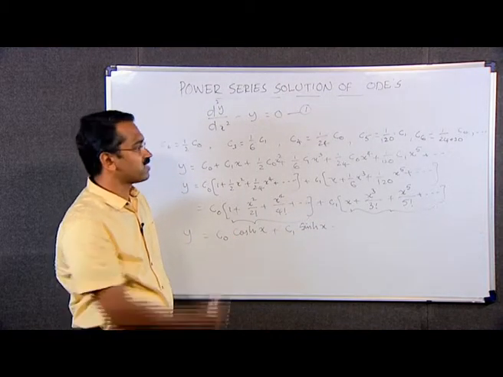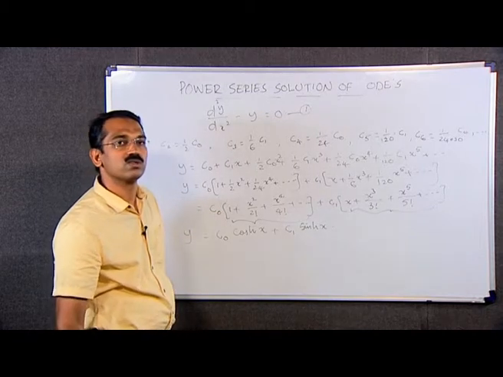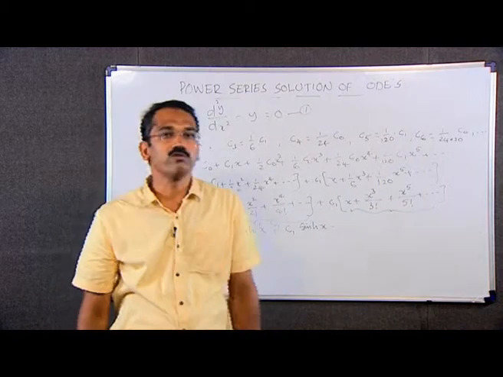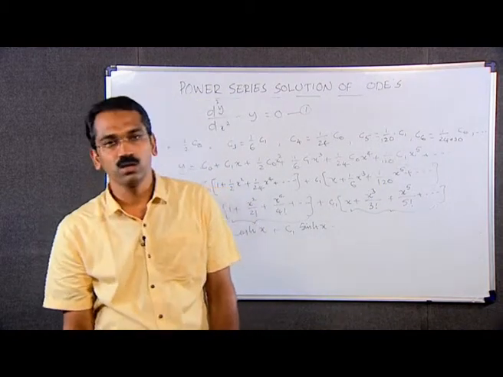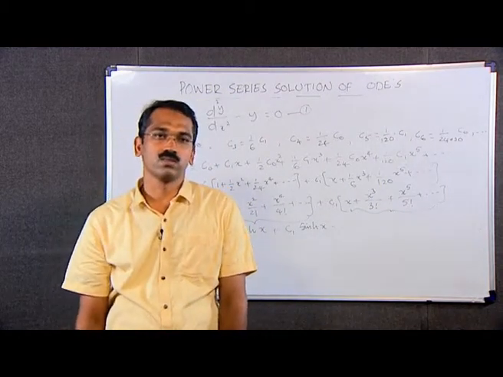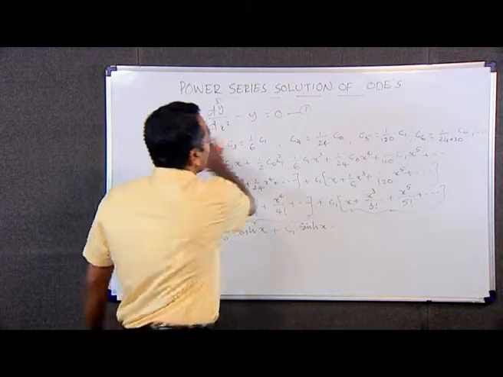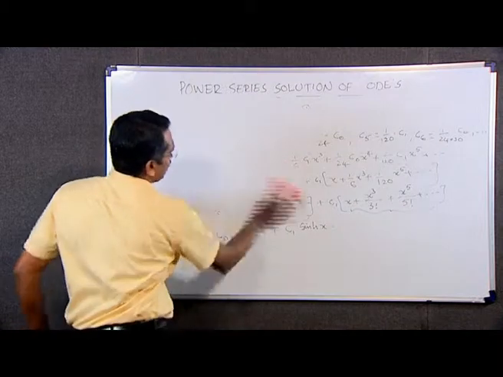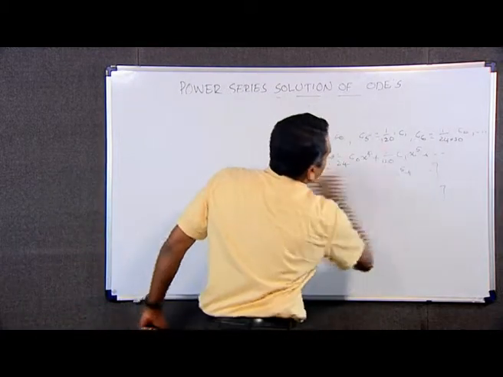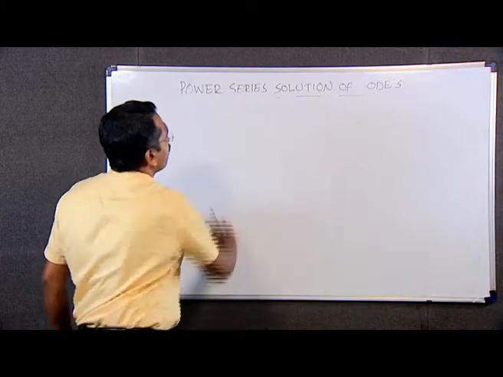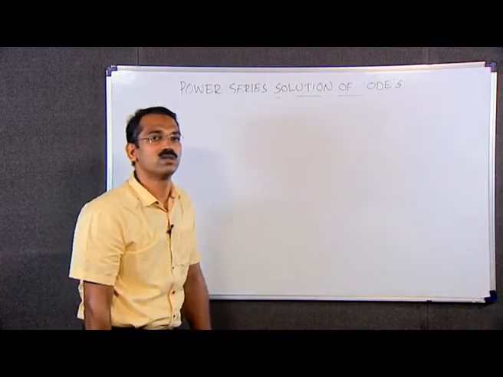This is an example for the power series method of finding the solution of a second order differential equation with variable coefficients. Now, let me explain the Frobenius method of finding the solution of second order differential equations with variable coefficients.